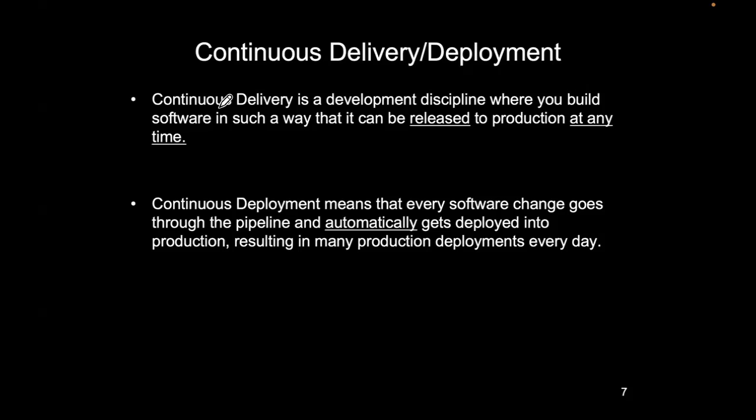Now, whether that deployable form is actually released into production or not, that's a decision that the project manager can make at any particular point in time, but it's available to them anyway. Okay. So that's what continuous delivery is about. It's about making the most up-to-date form of your application ready for deployment to production if the person or persons that make that decision should wish to do so.